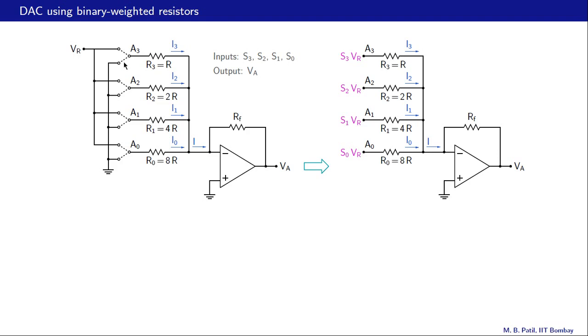If S3 is 0, then this node A3 gets connected to ground, like that. And if S3 is 1, then A3 gets connected to this reference voltage VR. In other words, the voltage at this node is S3 times VR. If S3 is 0, then that voltage is 0, and if S3 is 1, then that voltage is VR, and that is what we have shown over here.